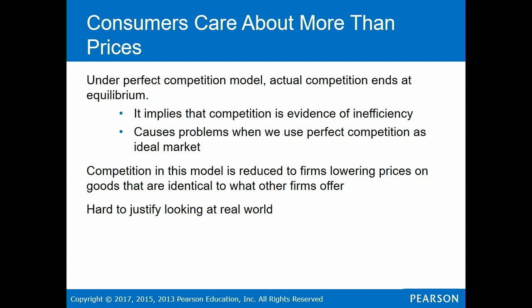It implies that the existence of competition is evidence of some sort of inefficiency in the market, that there's some problem that's preventing us from this equilibrium, and so competition is annoying. We need to get to the end of this competition. Once we reach that perfectly competitive equilibrium, there's no more firms entering or exiting the industry. So now we're done. Now we've reached this perfectly efficient place.